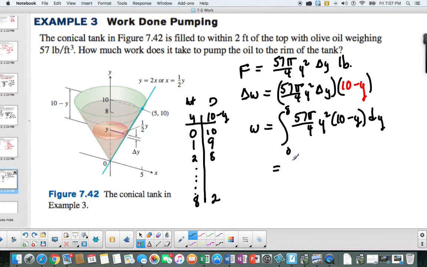Put it into the calculator, and I will get approximately 30,561. And remember, this is work, so it's going to be foot-pounds. Remember, this portion right here was pounds, and this portion right here is feet. And that's the end of the screencast.